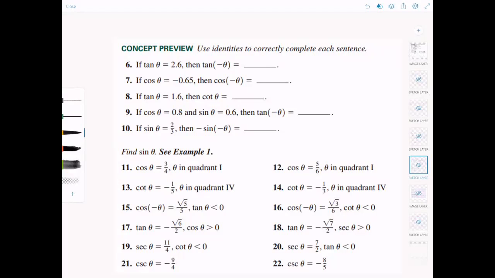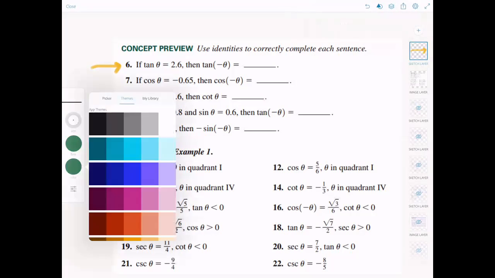For example, Karen, first one, what do you think the answer is, number 6? If tangent of theta is 2.6, then what is tangent of negative theta? I'll give you multiple choice.